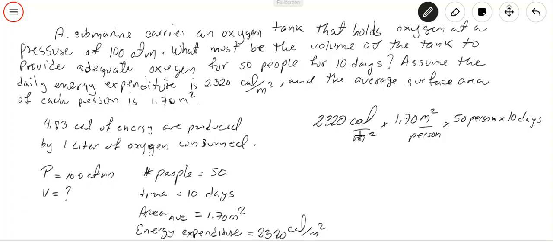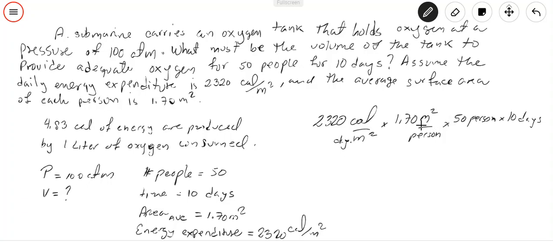And remember that in the book they don't give you this unit, they don't give you day here below. In the denominator we have day meter square because this is the daily energy expenditure. So there is an implicit unit of time, a day, in the denominator of this amount of energy.